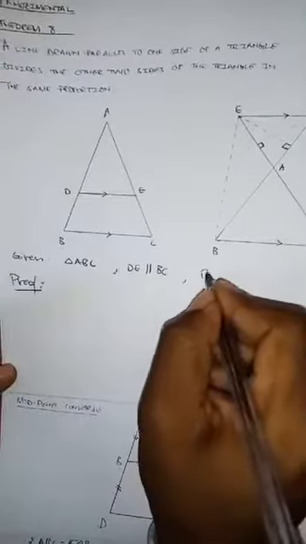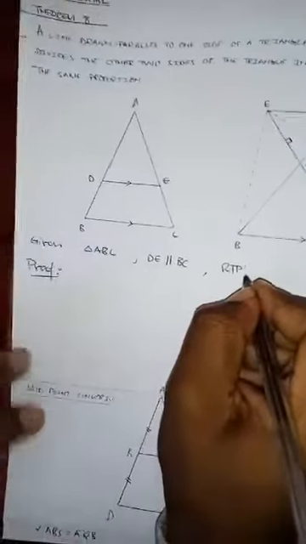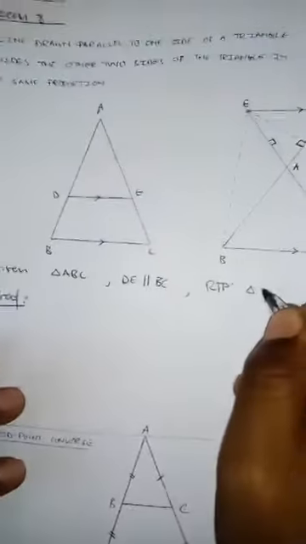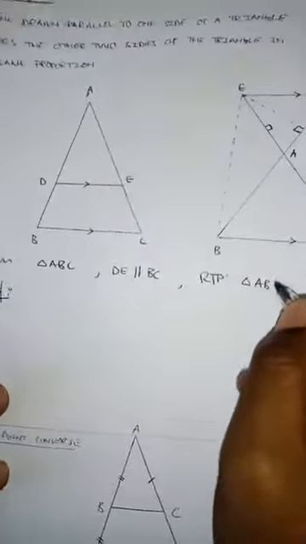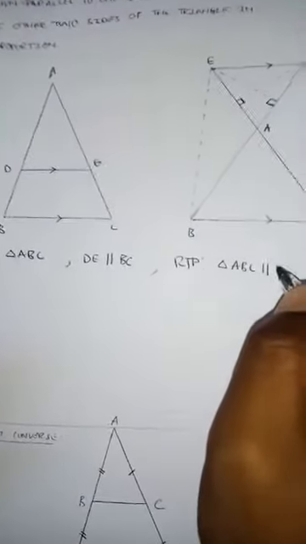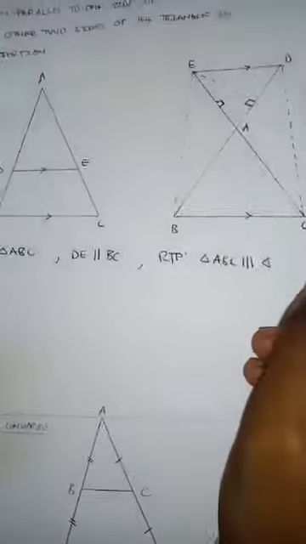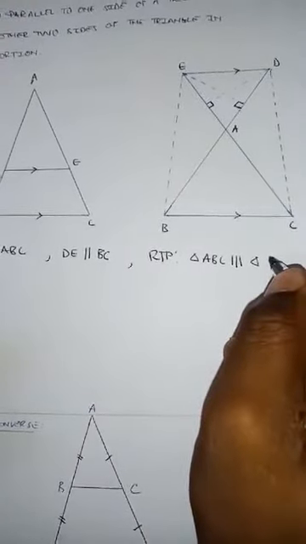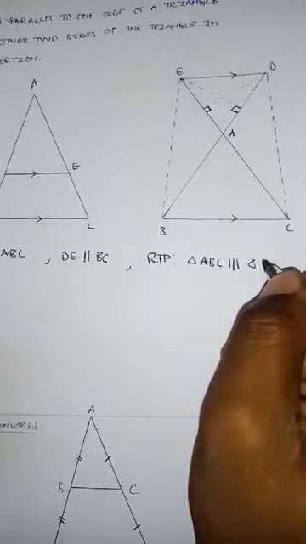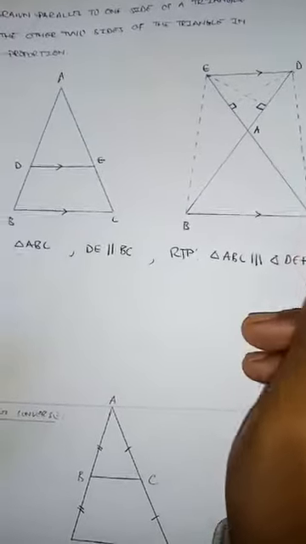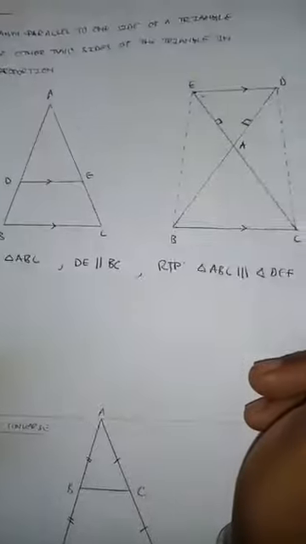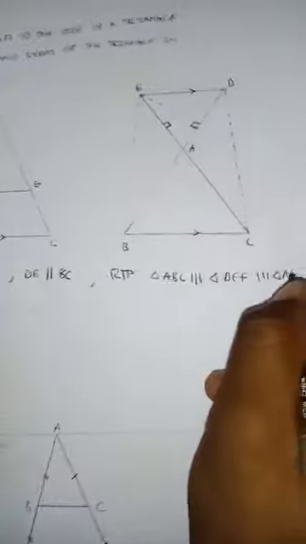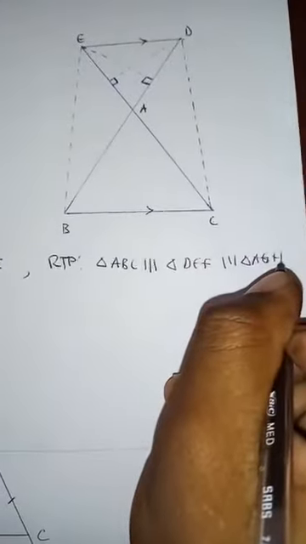So what are we required to prove? We are required to prove that basically triangle ABC is similar to triangle DEF and AGH. So I will construct F. Okay.